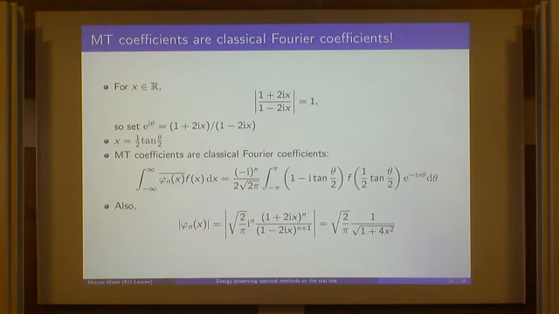if you change variables in this way, you find that the expansion coefficients of a function in this basis are actually classical Fourier coefficients of a modified function. You just change variables from x to theta and work out what happens with all the Jacobians. These coefficients of functions on the whole real line can be reduced to a periodized function on the periodic interval.